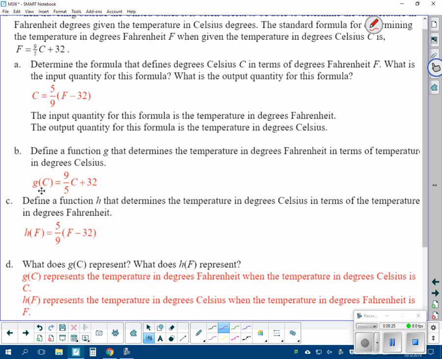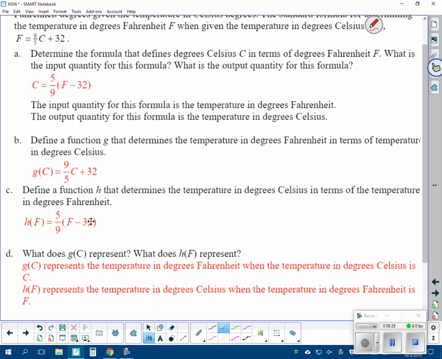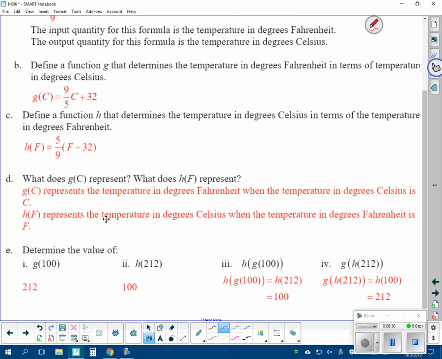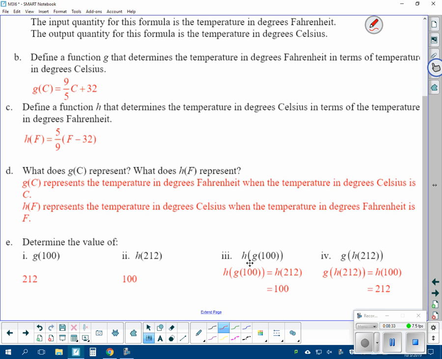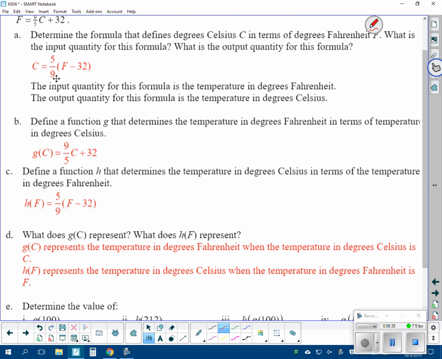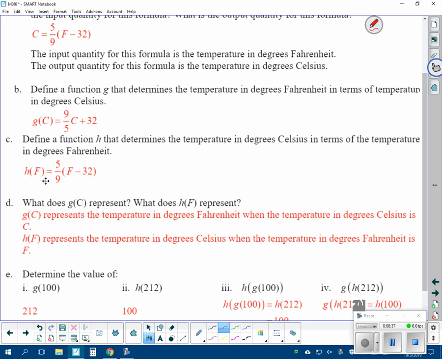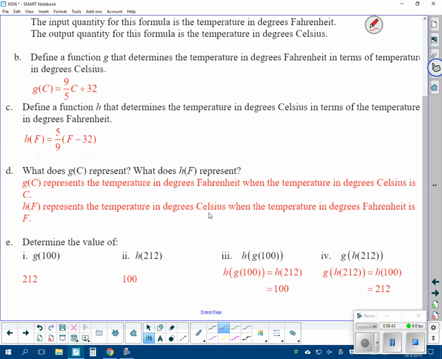Part B, they just had you rename it as G. Same thing with that. Any questions on the pre-class? So, those two functions, G and H, are they inverses? Cade, they're inverses, right? Yeah.